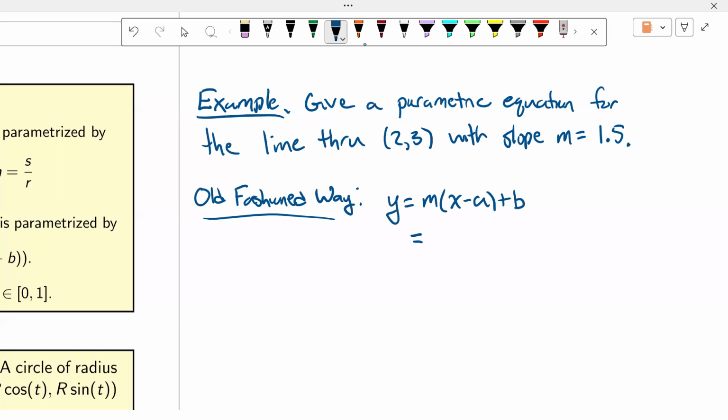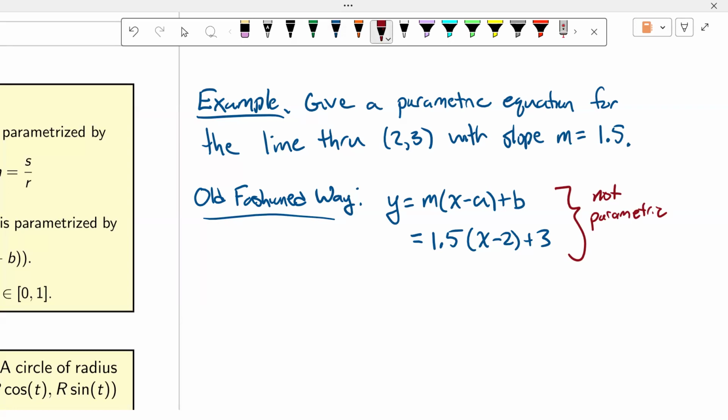And I'd plug in what my slope is, and then I'd plug in what my a is, which is 2, and my b is 3, and that would give me the equation of my line. And this is great, but there's a problem. It's not a parametric equation. Remember, a parametric equation will have a parameter t in it. This one does not have a t in it. So this is kind of the wrong answer.